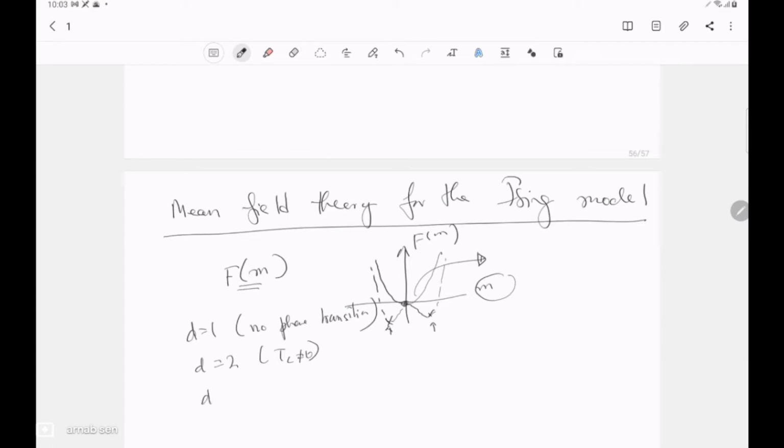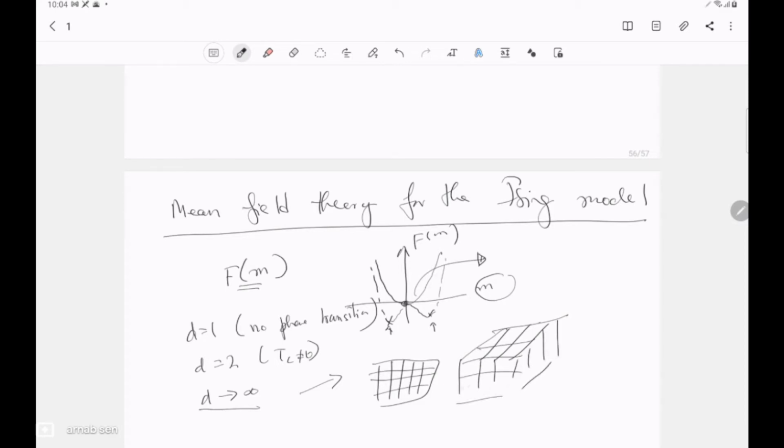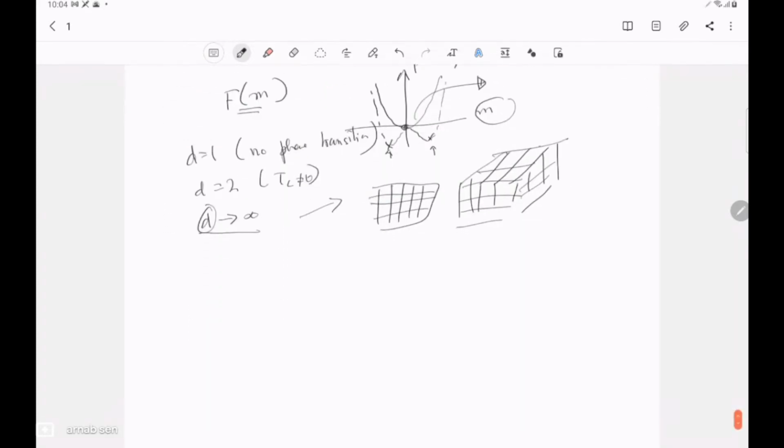And we said that the mean field theory result is basically an exact result if you consider the infinite dimensional Ising model on a hypercubic lattice. Of course we can easily imagine a 2D lattice or a 3D lattice like this, but then we can mathematically extend it to a d-dimensional hypercubic lattice as well, right? And as this d becomes larger and larger, the mean field theory becomes more and more exact.